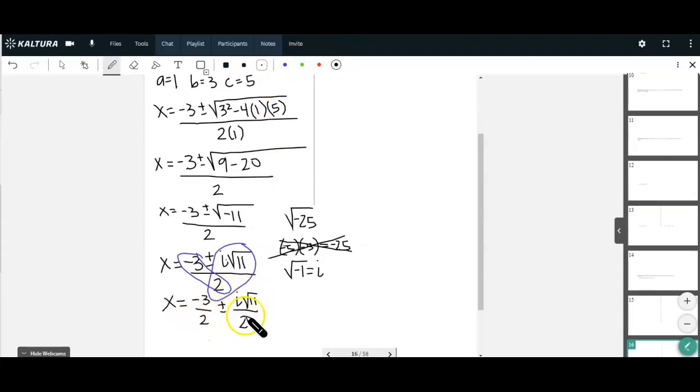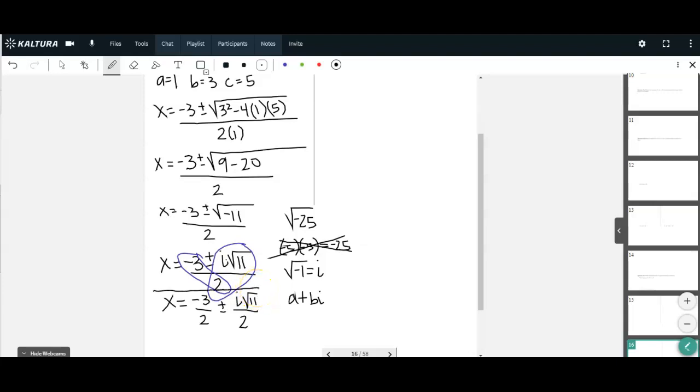I want it written out in these two separate forms, because remember when we talked about imaginary numbers before, it said to put things in the form of a plus bi, and that's what we have here. Here is our real number part of our complex number, and here's our imaginary number part of our complex number.